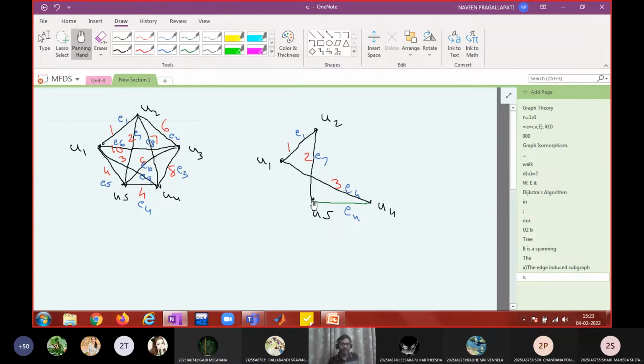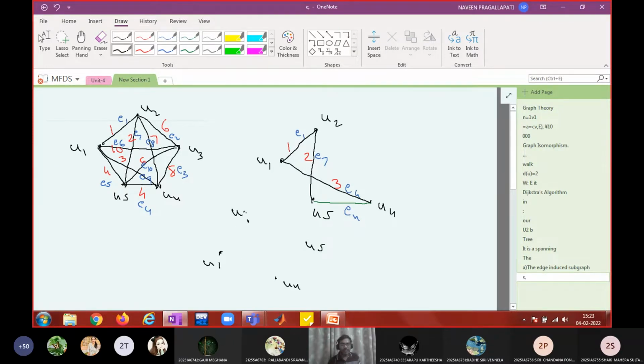Start with U5. If I am coming back to U5, that becomes a cycle, no? U5 to U4 you go, U4 to U1 you go, U1 to U2 you go, U2 to U5 you go. You are able to reach U5 through a closed path. Can you see that? Yes, sir. This is nothing but a drawing like this only: U1, U2, U4, U5.